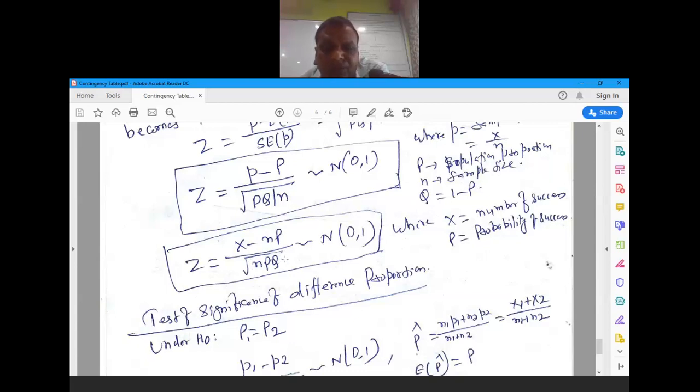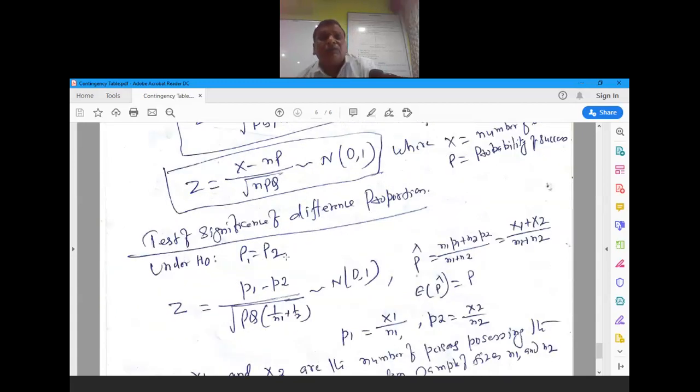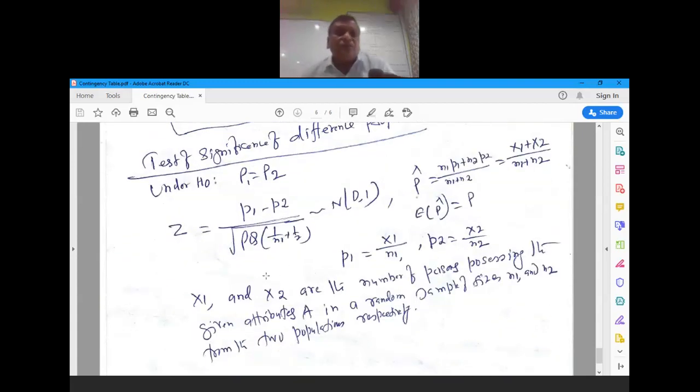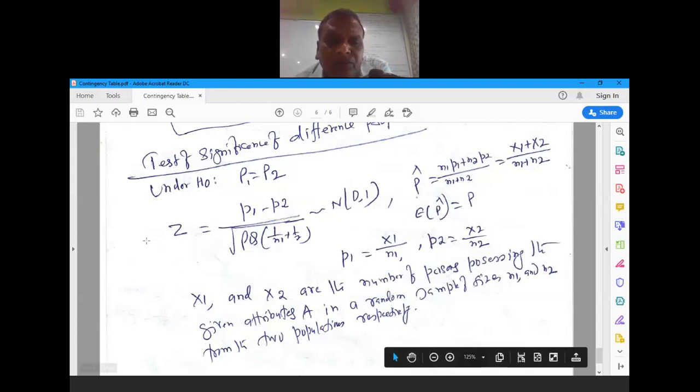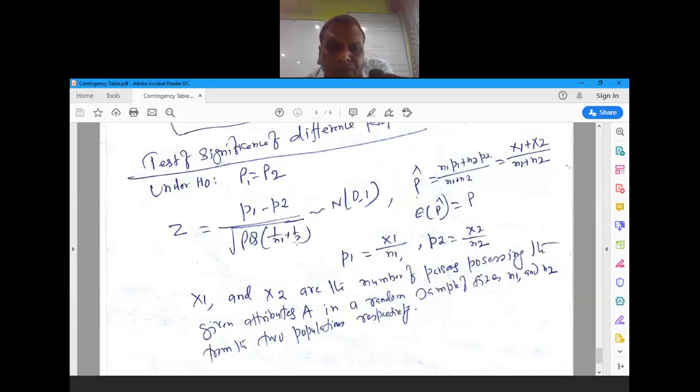And in test of significance of difference of proportion, your H naught is P1 equals P2, so Z equals P1 minus P2 divided by the square root of PQ into 1 upon N1 plus 1 upon N2, which follows a standard normal variate with mean 0 and variance 1.